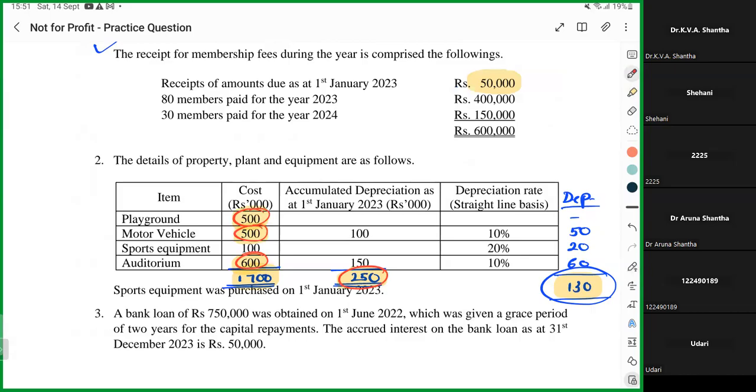Carrying value is cost minus accumulated depreciation, 1,600 minus 250, 1,350.